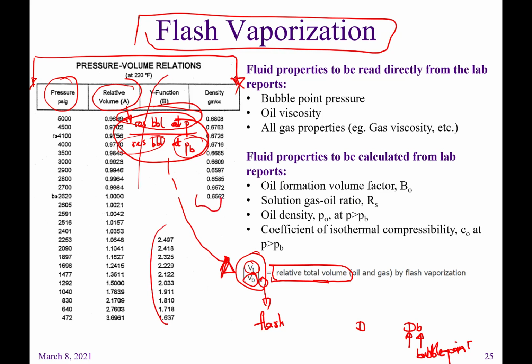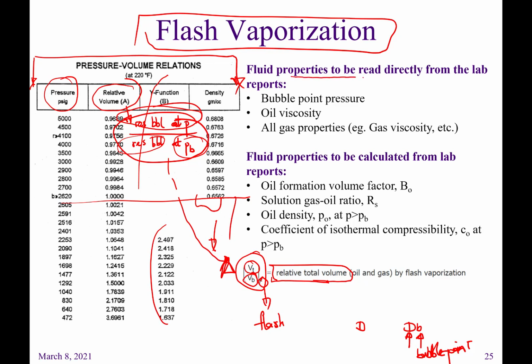You will see how we calculate density above bubble point, and below bubble point we just grab density from the differential liberation data. So very important to know that when you are above bubble point, we will typically use data coming from flash vaporization. And when you are below bubble point, we typically will use data coming from differential liberation test.